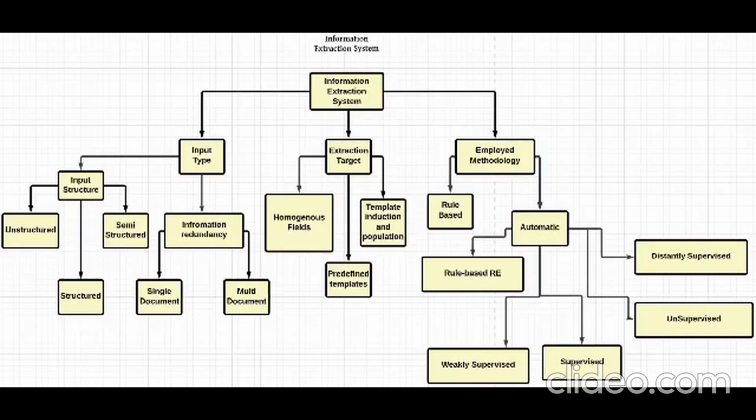From this perspective, IE systems can be further classified into four categories based on the automation degree in the development process. That is, systems that need programmers, systems that need annotation examples, annotation-free systems, and semi-supervised systems.